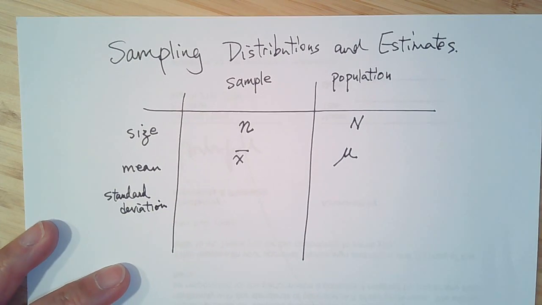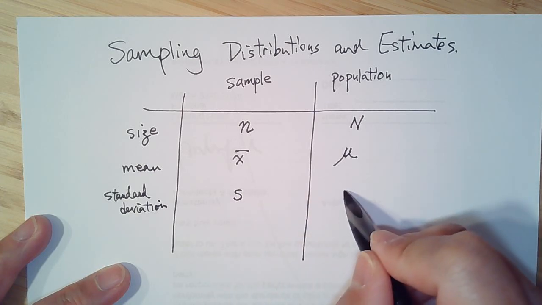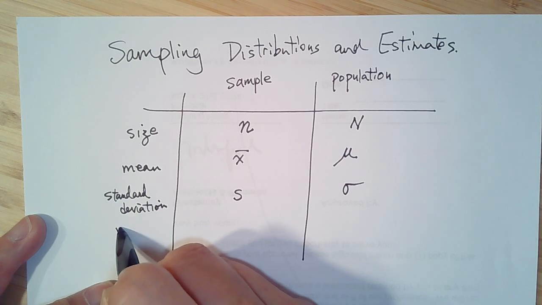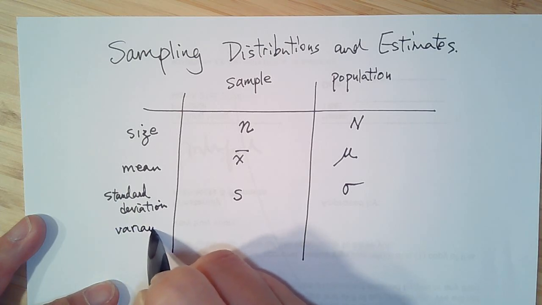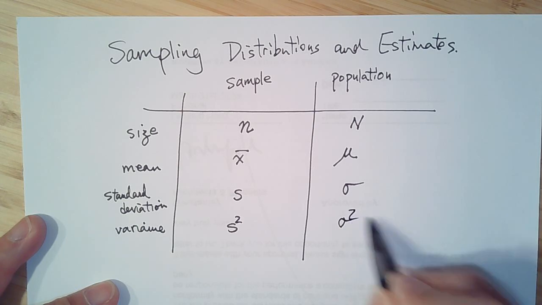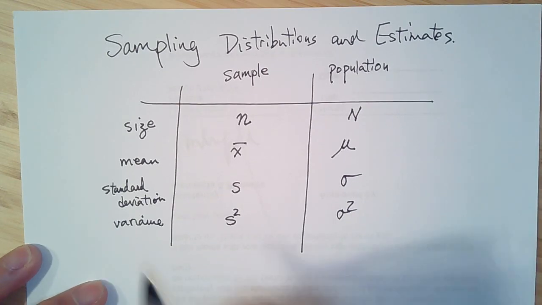What is the sample standard deviation? S, and this is sigma. And variance, that will be S squared, that will be sigma squared. What else? Oh, proportion.